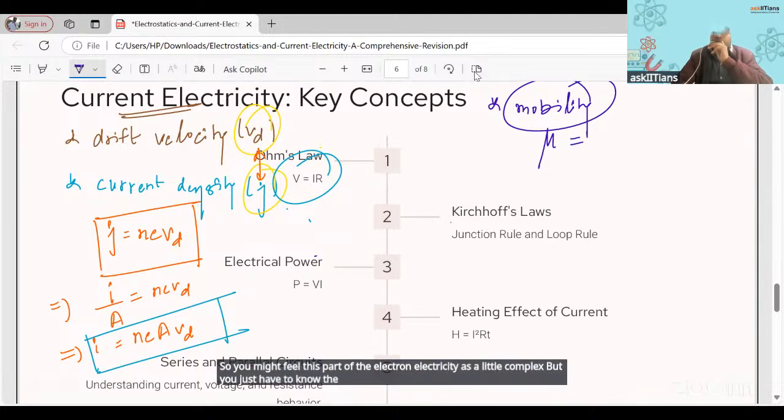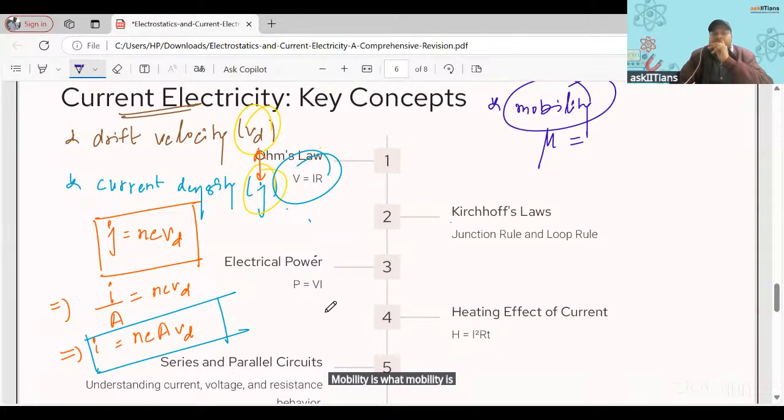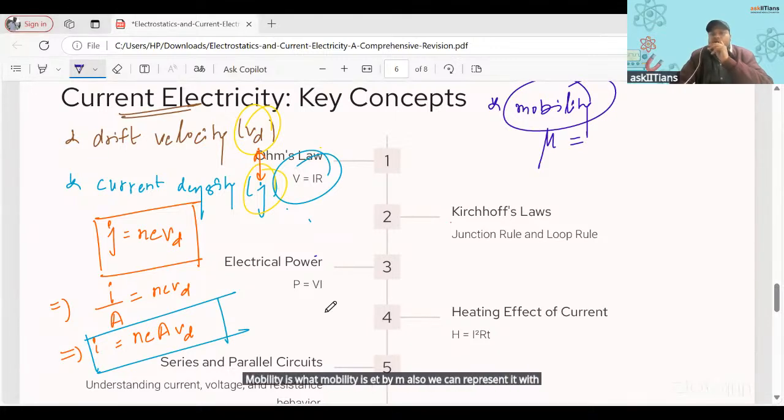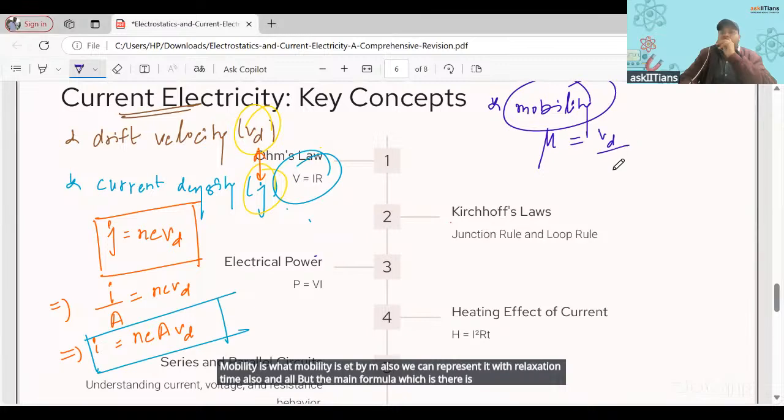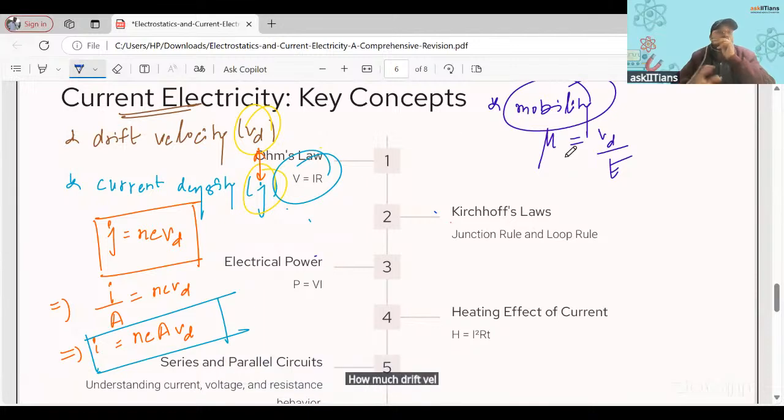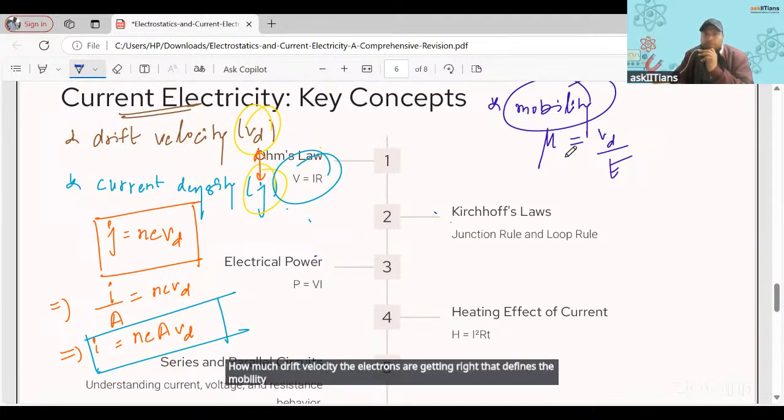Very good, Harshita. Mobility can also be represented with relaxation time, but the main formula is vd by the applied electric field. So per unit electric field applied, how much drift velocity the electrons get defines the mobility of the electrons.